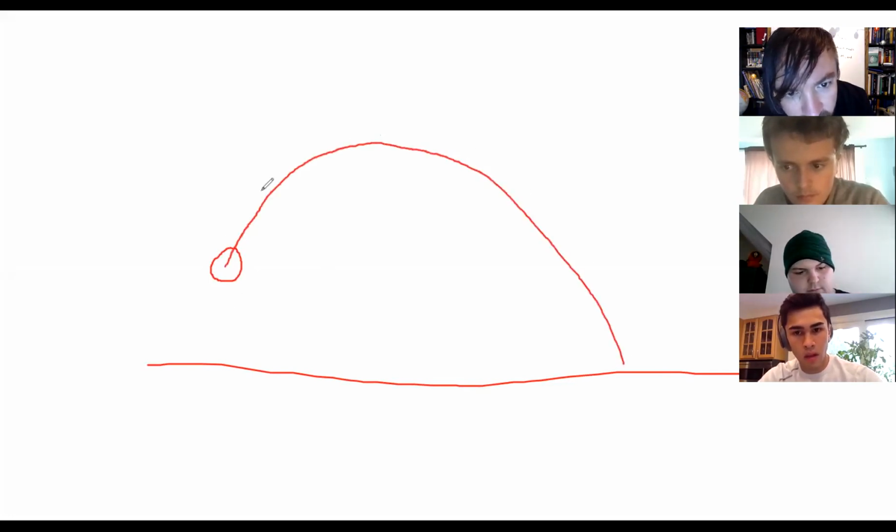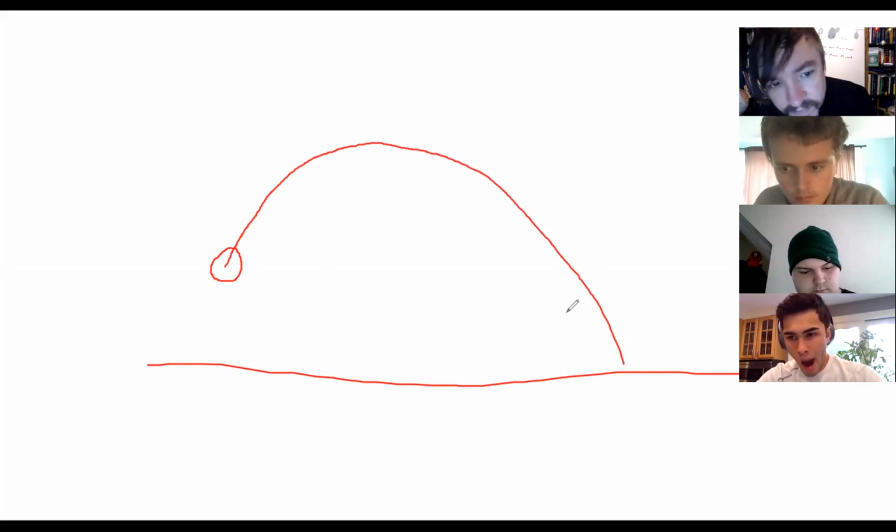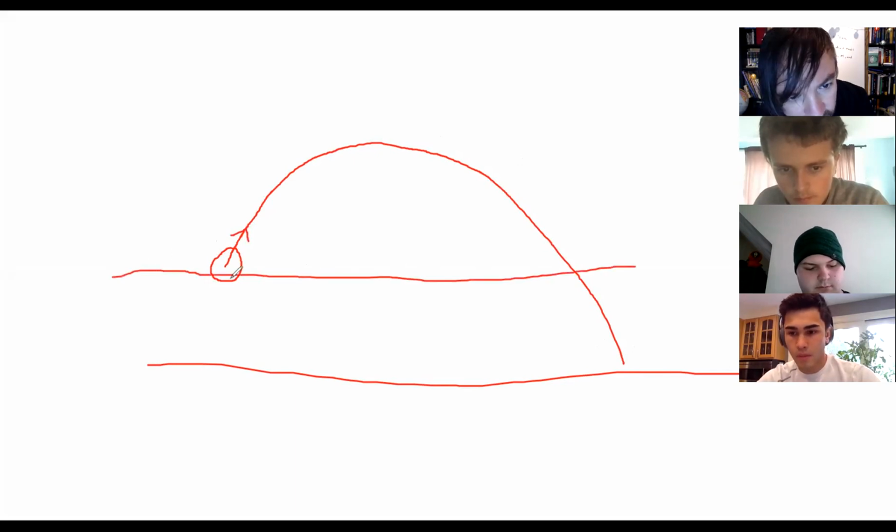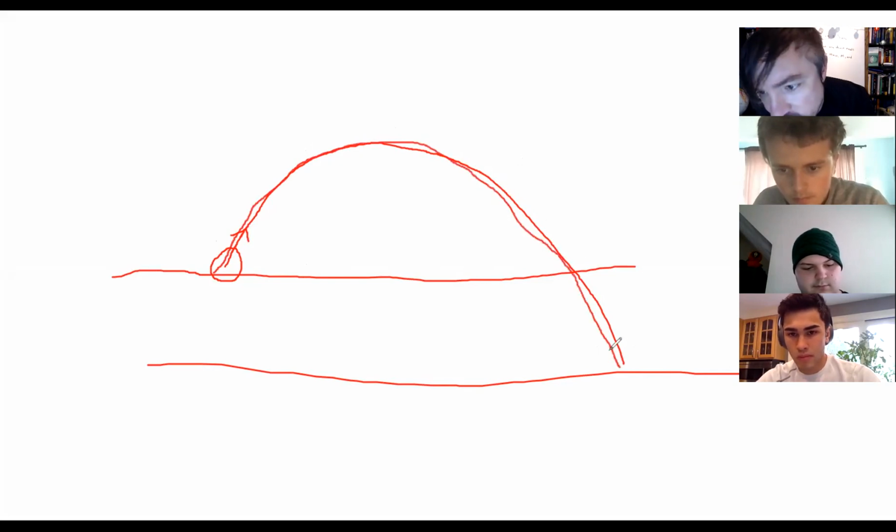It kind of goes up on an arc, reaches some maximum height, and then it comes down and falls to the ground. If you know the force or the speed or some aspect of how the ball was thrown, you can usually calculate how far the ball will travel and how long the ball will travel before it comes back down and strikes the ground. That's a kind of classic physics problem.